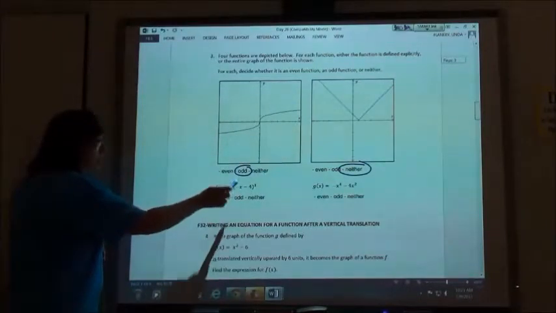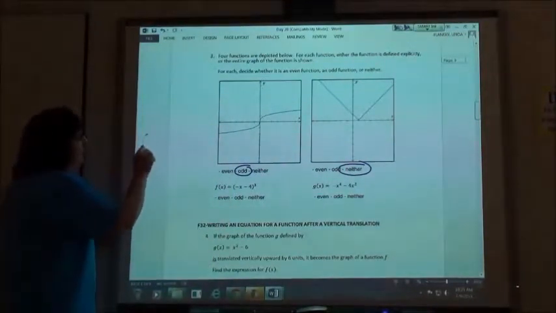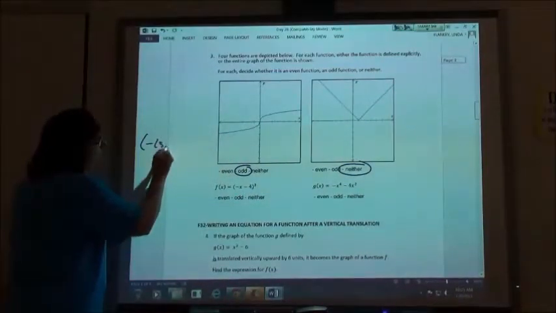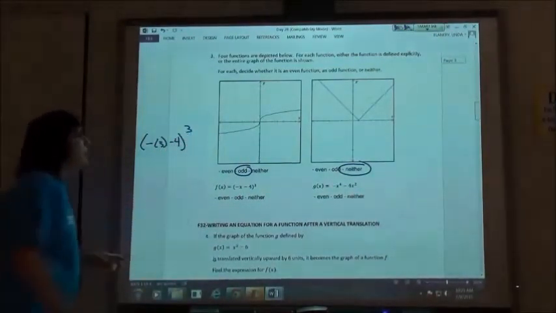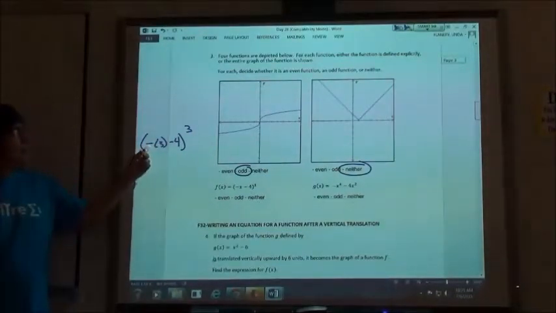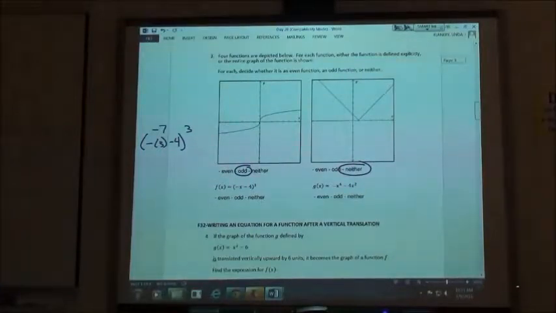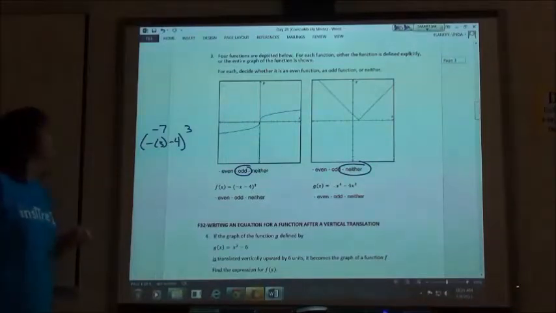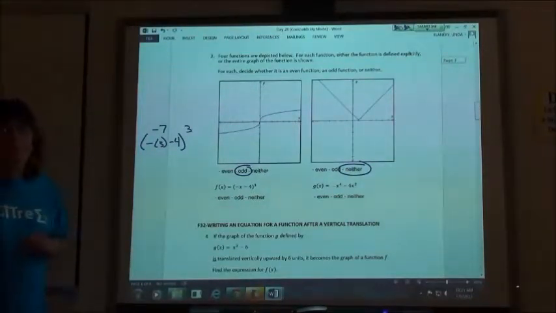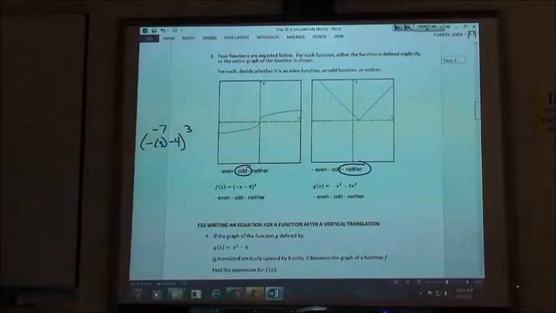So we're going to put in a 3 and a negative 3 and see what we get. So we have x minus 3 minus 4 cubed. If I evaluate that, negative 3 minus 4 would be negative 7, and negative 7 cubed would be negative 7 times negative 7 times negative 7, or negative 7 to the third power.